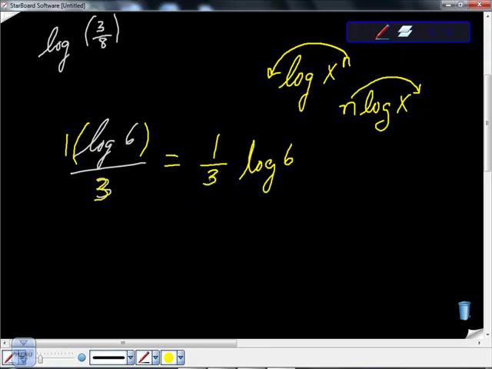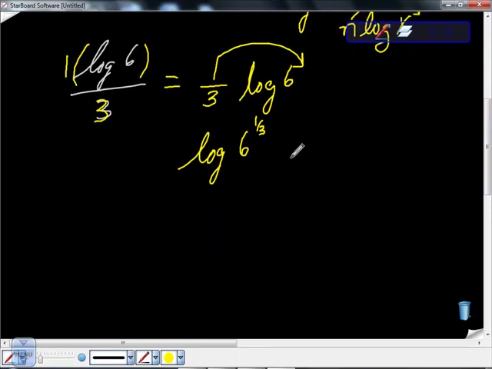That's 1/3, not 1/2, obviously. So if I roll this up, then I have log of 6 to the 1/3 power. Please keep in mind that when you have a rational exponent, what you really have is a root, the third root. So we have log of the third root of 6.